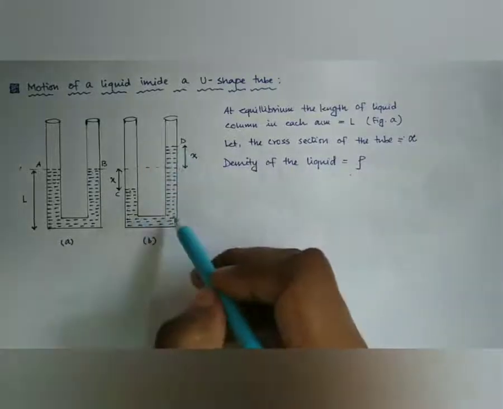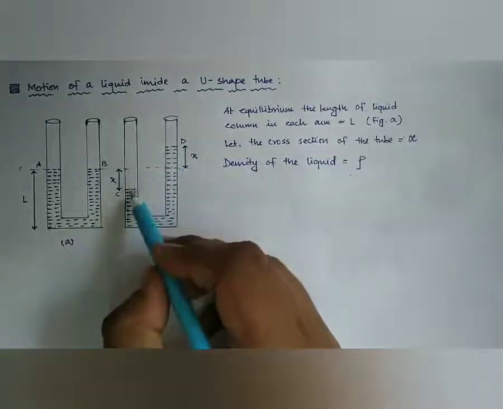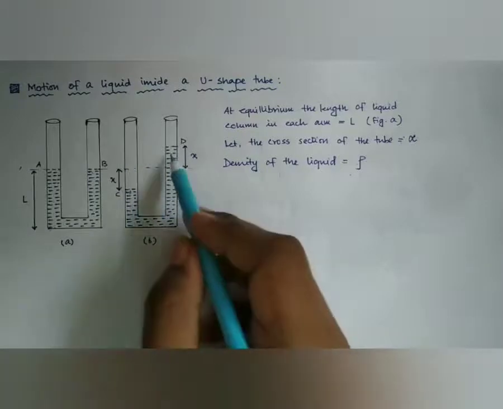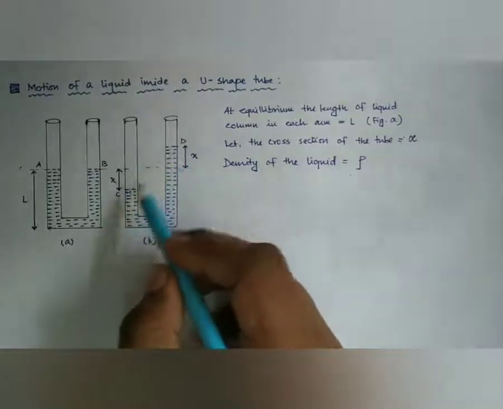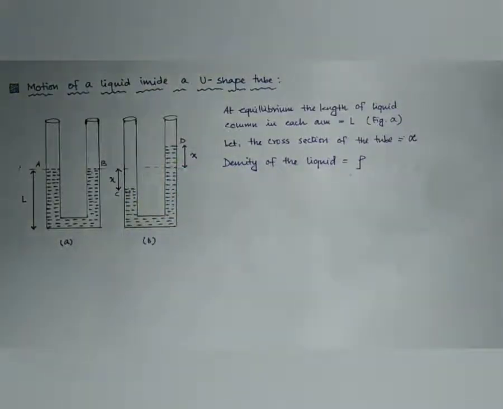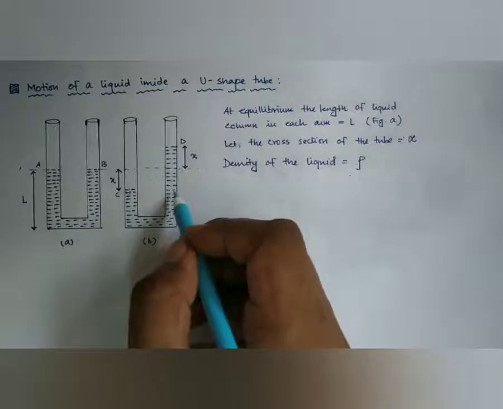Now in this configuration, as the liquid column in the closed U-shaped tube is at different heights, this is not a stable configuration. They will try to maintain the same height in both arms of this U-shaped tube.